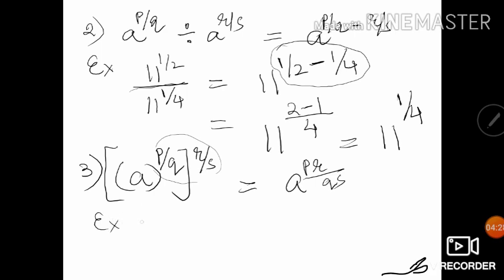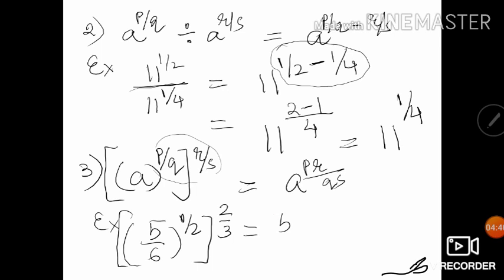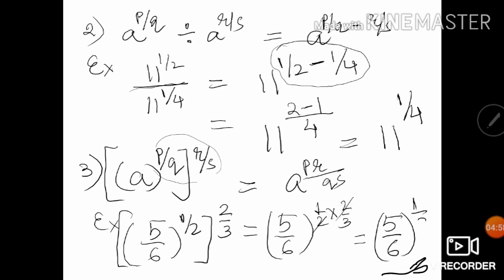Example, 5 on 6 to the power half, whole to the power 2 on 3, can be written as 5 on 6 to the power half multiplied by 2 on 3. So simplifying the power, we get 5 on 6 to the power 1 on 3.